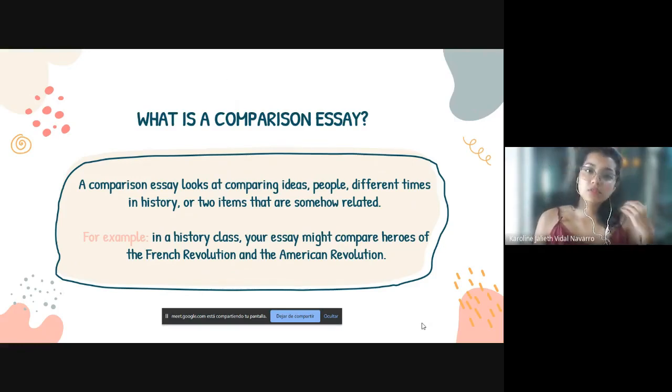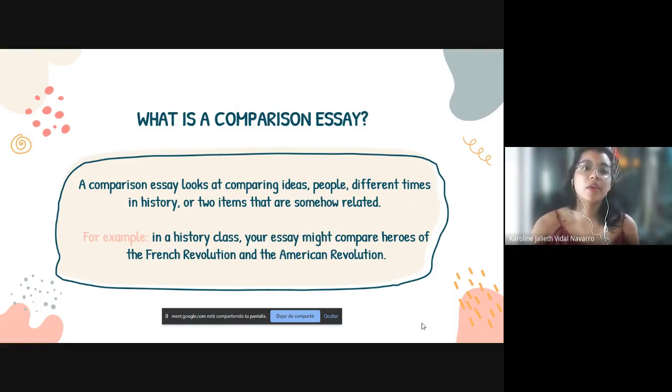Your goal is to show in a meaningful way how these items are similar or different, what their strengths and weaknesses are, or what their advantages or disadvantages are, in which you compare ideas, people, different times in history, any two items that are related in some way or have characteristics in common.